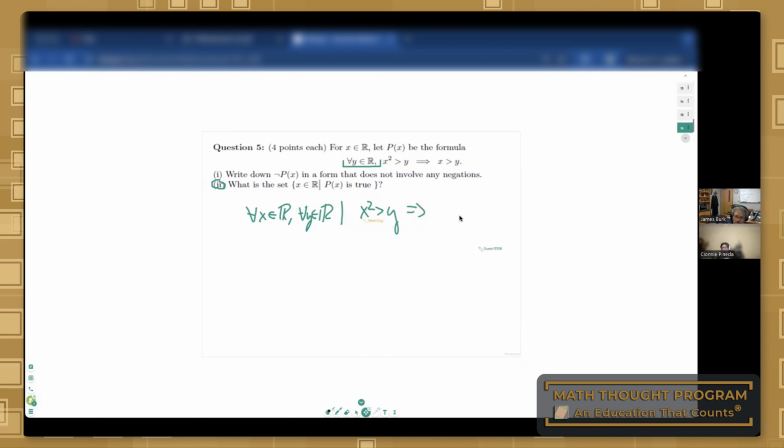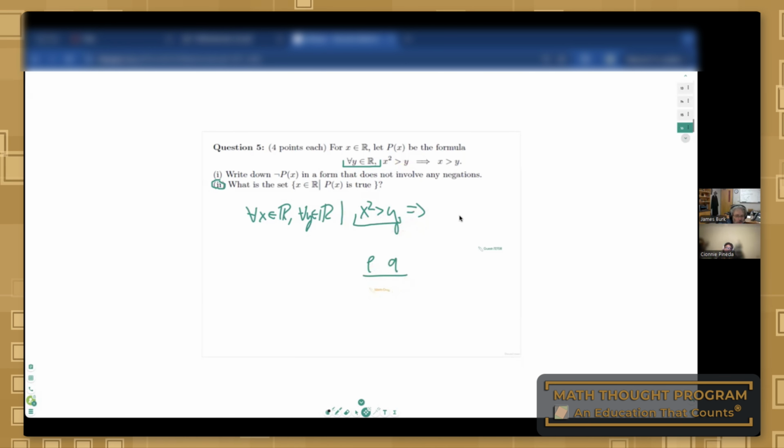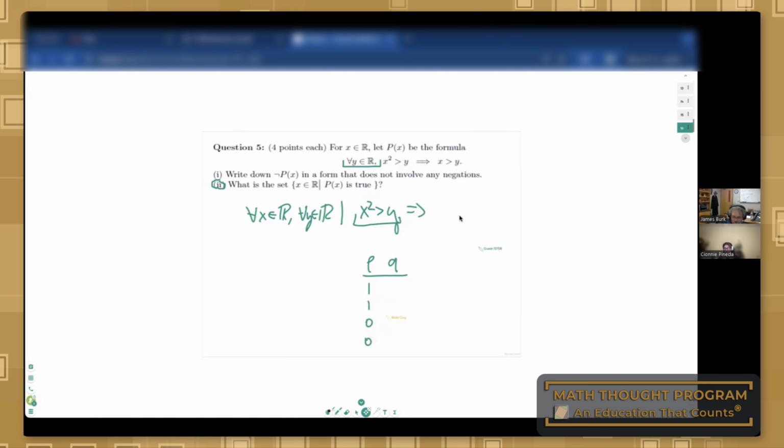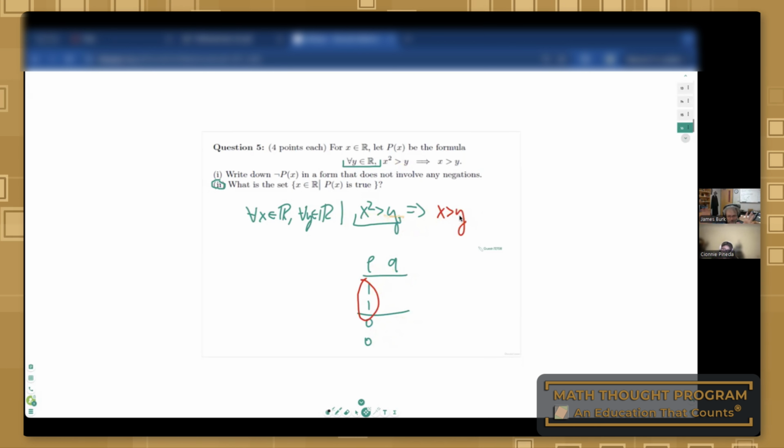So if you have this, in order for a conditional statement to be true, we're really looking to see when the premise is true. I don't really care about the vacuous statements for the most part because I know that's always going to be true. It's really seeing what happens here. So think about that. I don't want to steal your thunder. Give it a thought and see what it might be for x and y.